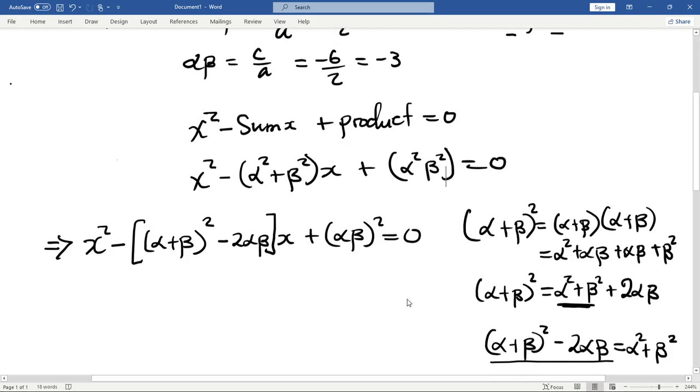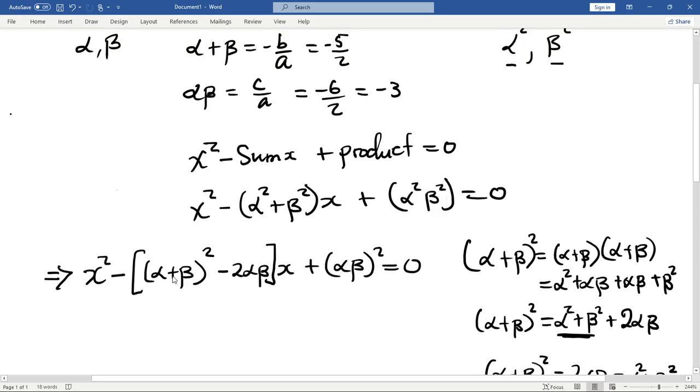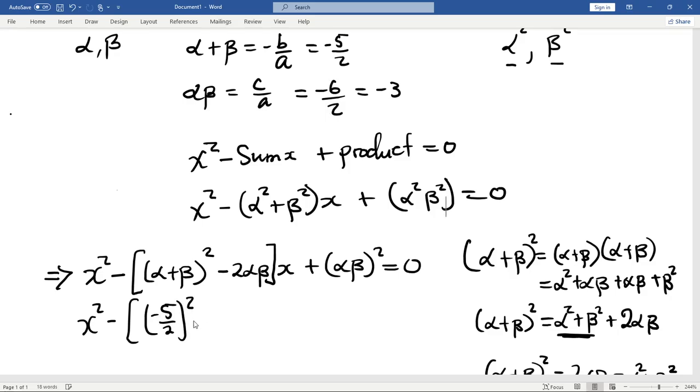Now remember, we have the value of alpha plus beta and also the value of alpha beta, so we make those substitutions. Here we have x squared minus, open brackets, alpha plus beta, the value is negative 5 over 2, squared, minus 2 multiplied by alpha beta, which is negative 3, then we still have x outside, plus open brackets negative 3 squared, equal to 0.